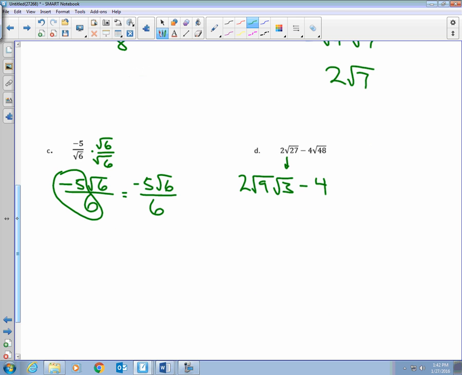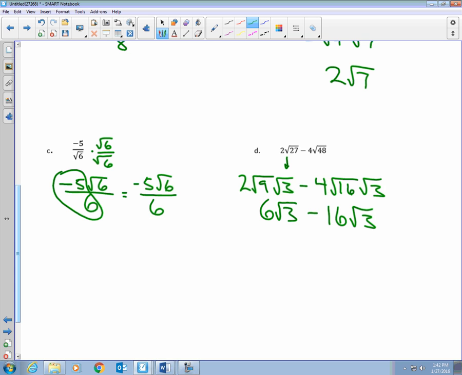So we have the root of 16, the root of 3. What is the root of 9? And so it's 3 times 2 is 6. So this becomes 6 roots of 3 minus square root of 16 is 4, so I have 16 roots of 3.